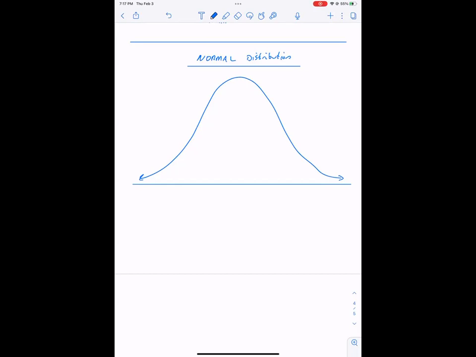Now, where is the mean for a normal distribution? The middle. Right in the center, right? The mean of a normal is right in the center. We will use the symbol mu to stand for the mean of a distribution.